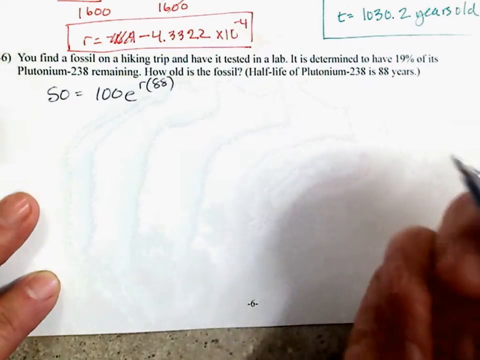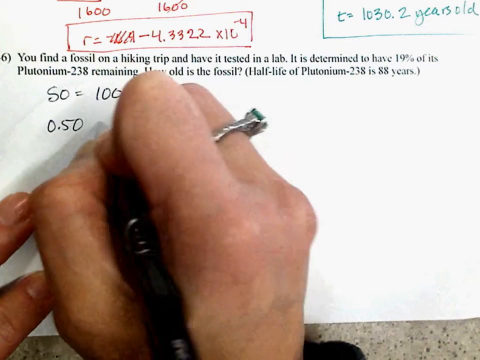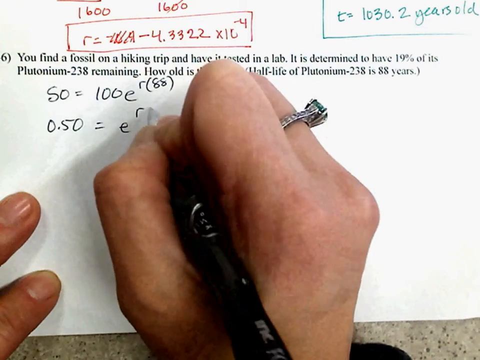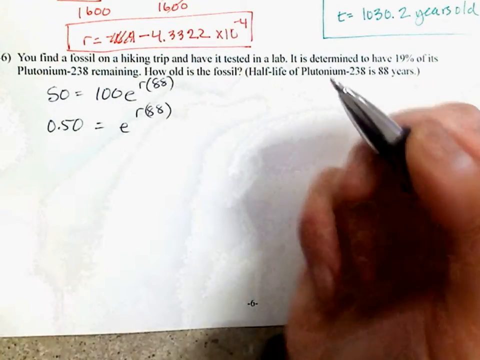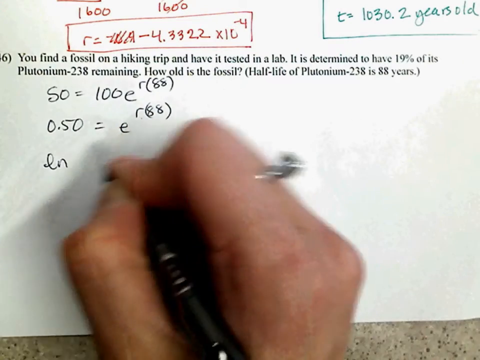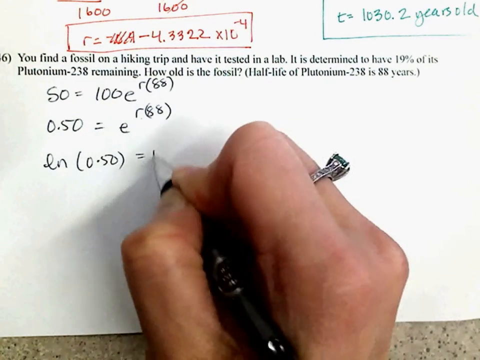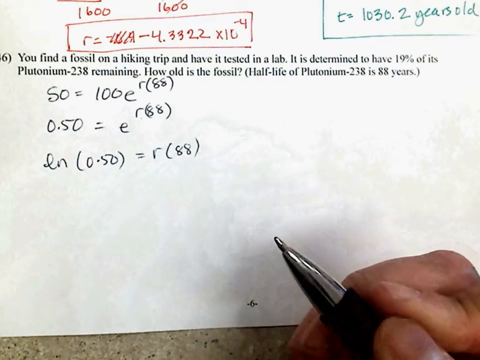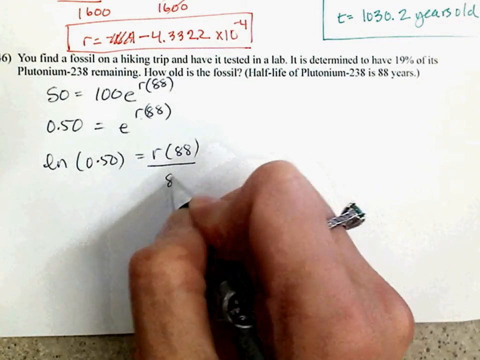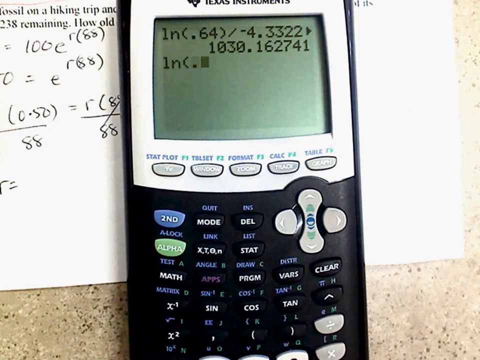Same thing, divided by 100, so 0.50 equals E raised to the R times 88. Solving for R, base is E, so natural log of 0.50 equals R times 88. Divide both sides by 88, so R is equal to natural log 0.5 in parentheses divided by 88.